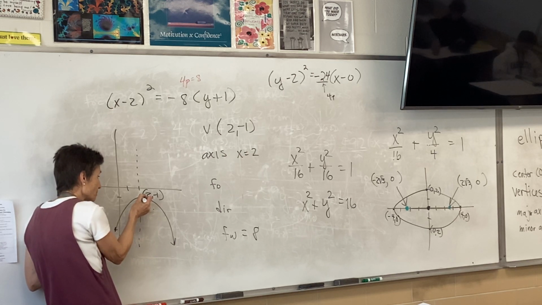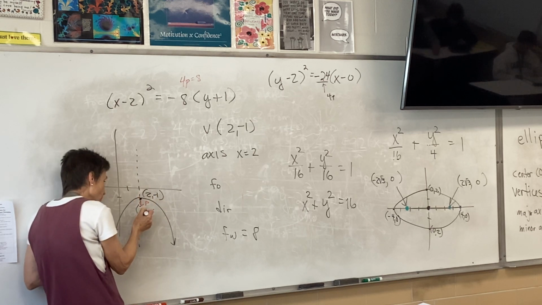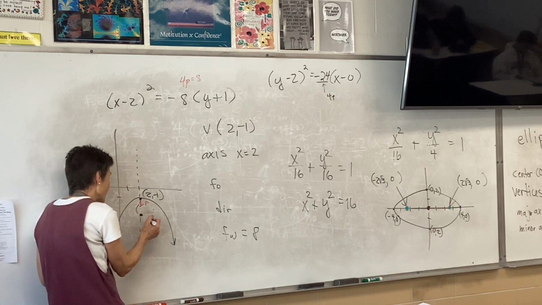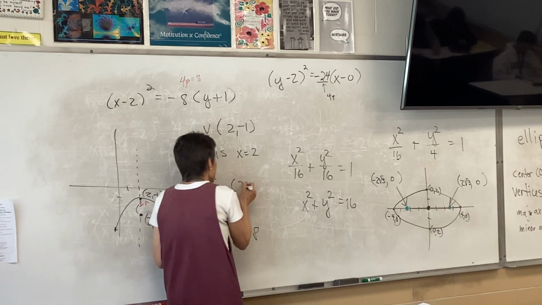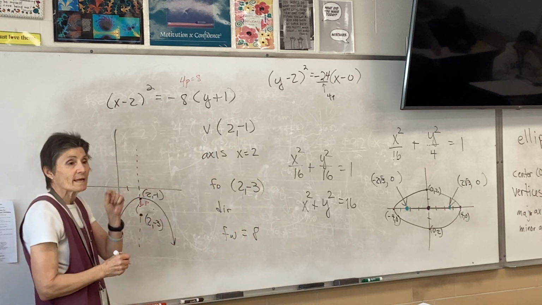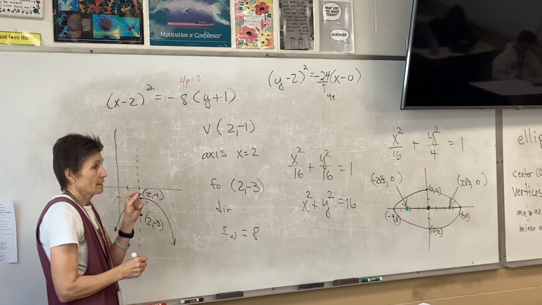Put your pencil on that point and count down 2. Where am I now? 2, -3. So my focus is 2, -3. Don't wing it, guys. Don't wing it. Count it.